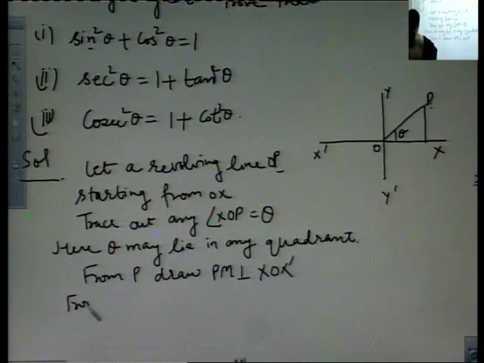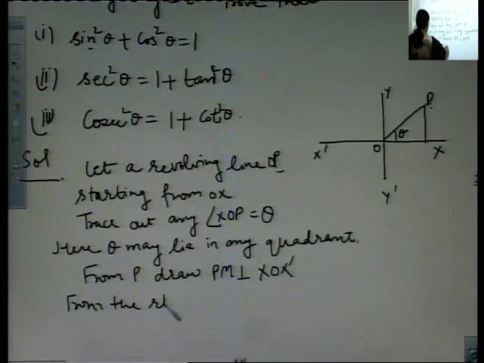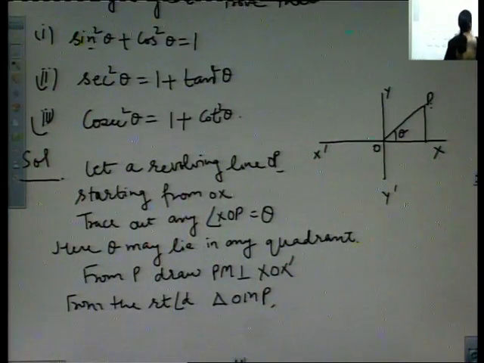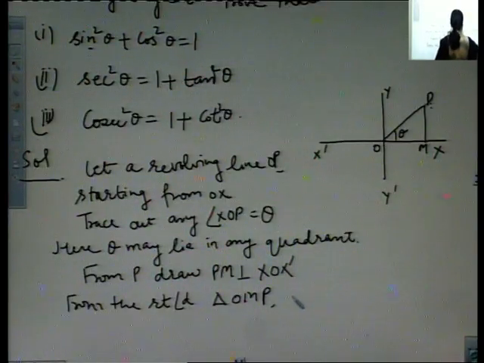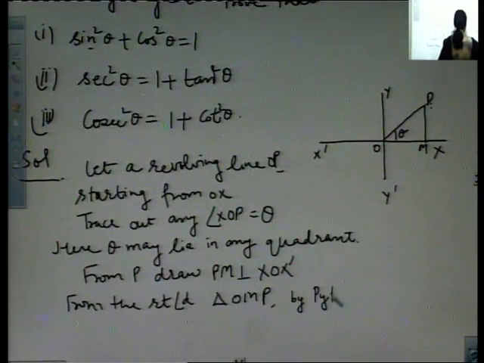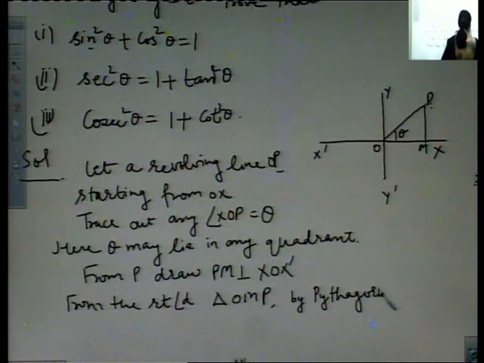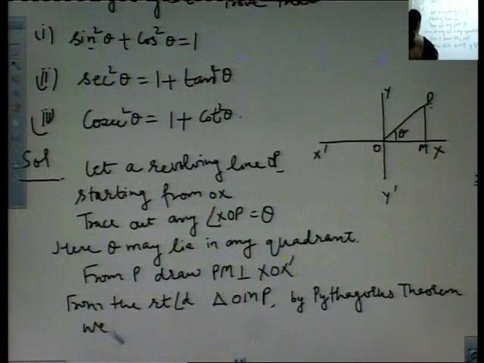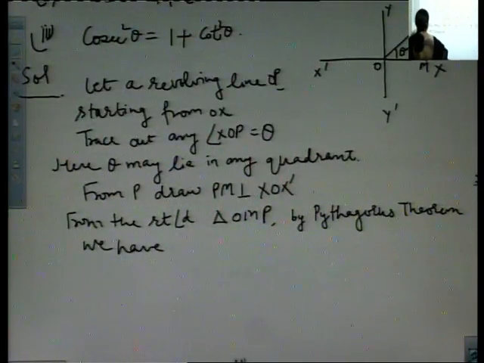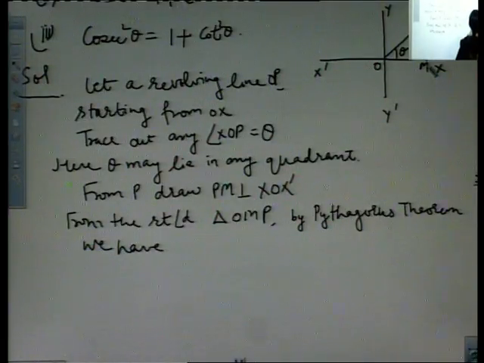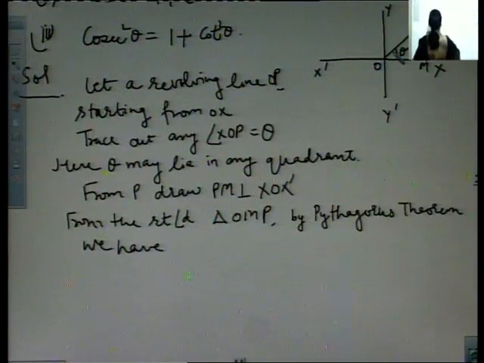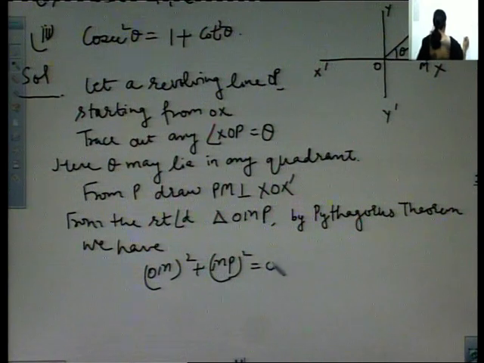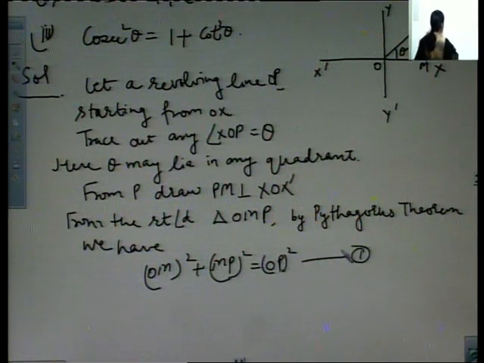Now from the right angle triangle OMP, by Pythagoras theorem, we have: Pythagoras theorem says OM square plus MP square is equal to OP square. Let this be equation 1.